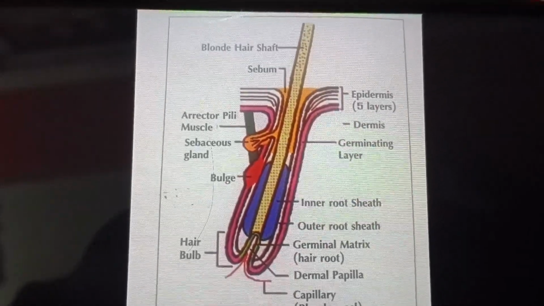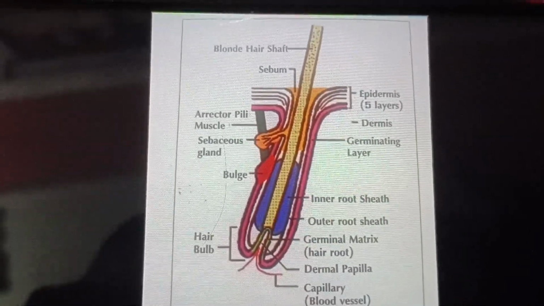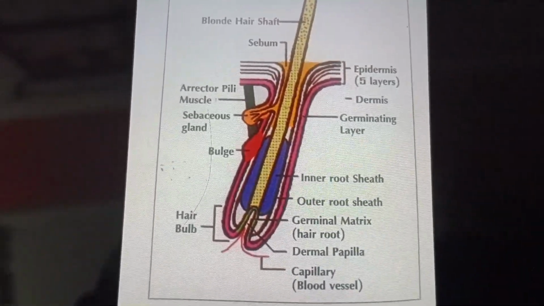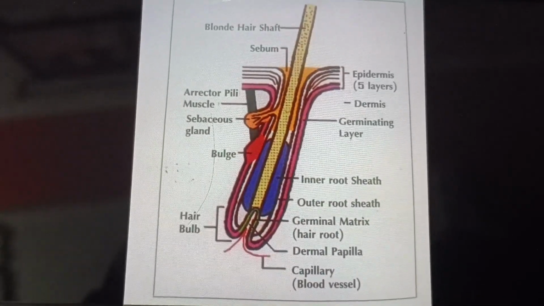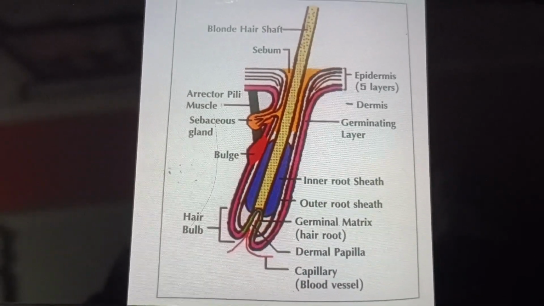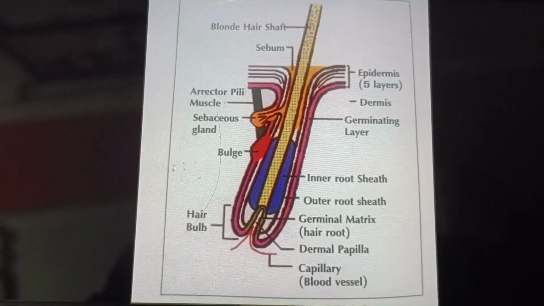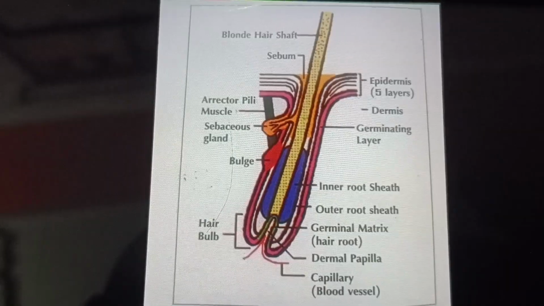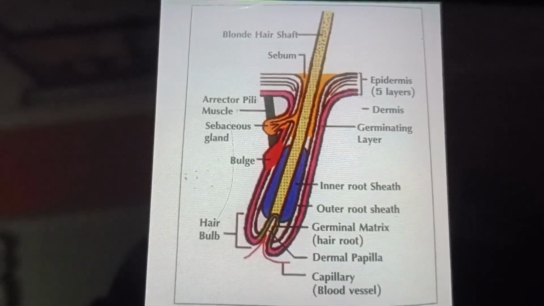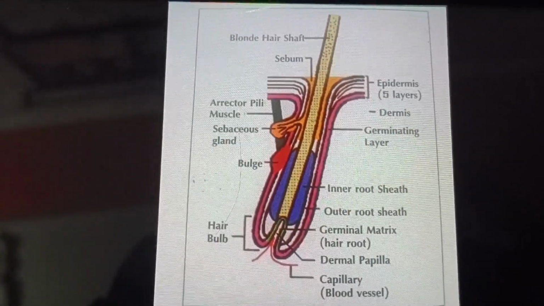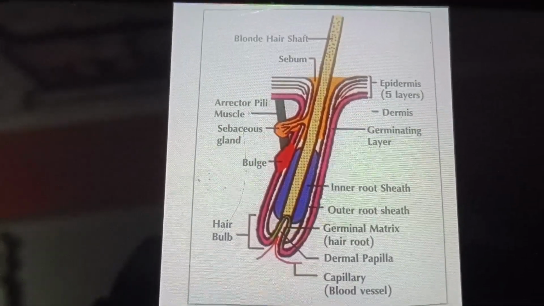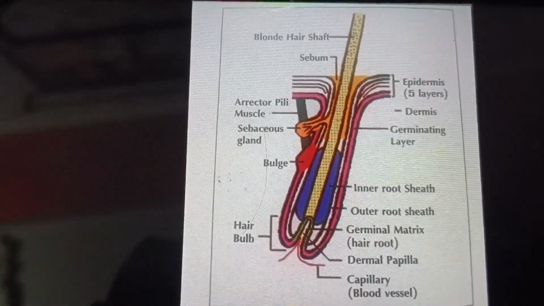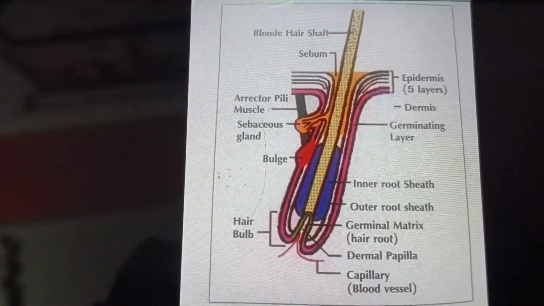Next we will talk about the hair root. Beneath the epidermis is a set of structures working together to promote hair growth. The hair root, the portion of hair underneath the scalp surface, works with the dermal papilla, hair bulb, erector pili muscles, sebaceous or oil glands, sudoriferous glands, and follicle in the formation of hair.